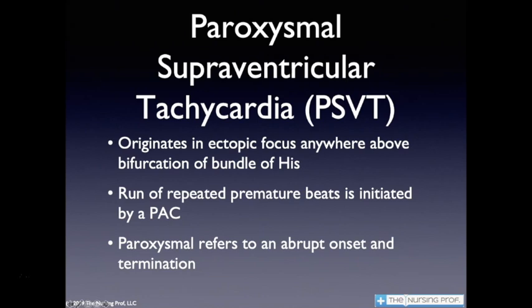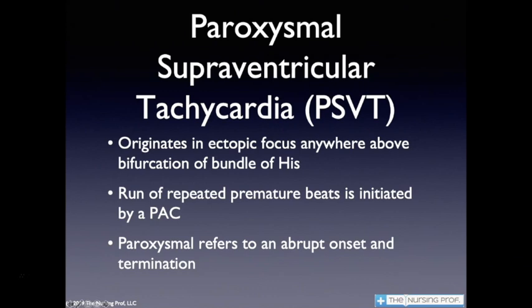Moving away from the atria as such, we move into paroxysmal supraventricular tachycardia, or PSVT. This originates in an ectopic focus anywhere above the bundle of His. Now this is paroxysmal, which means that it's not continuous.